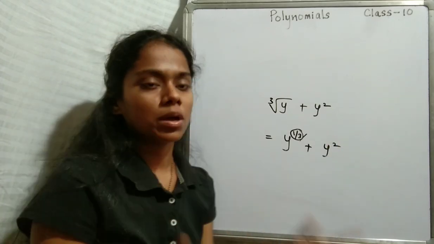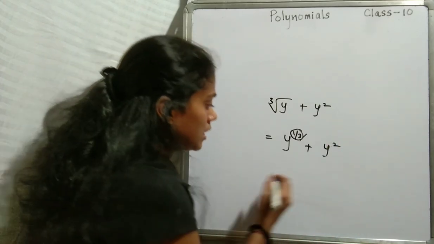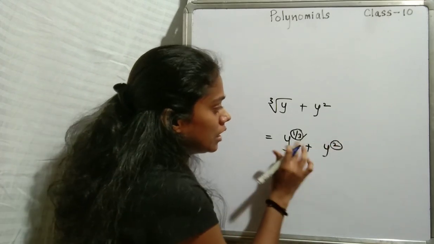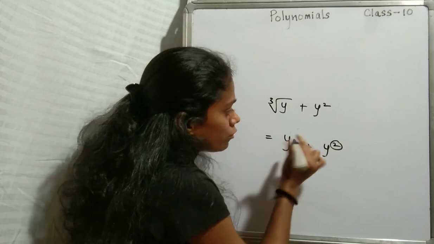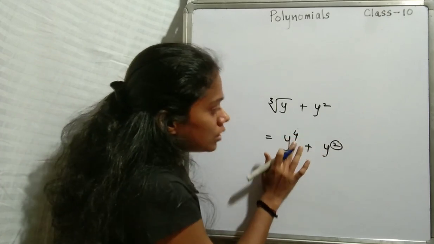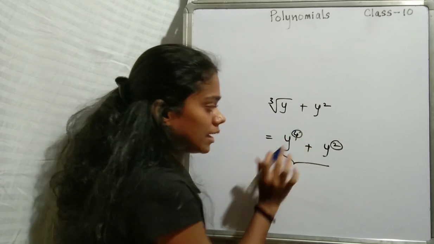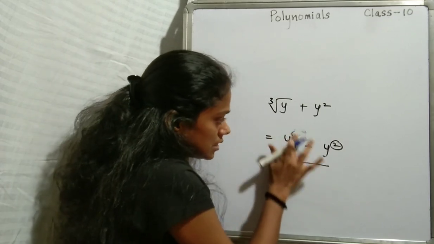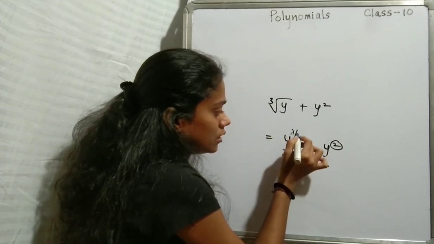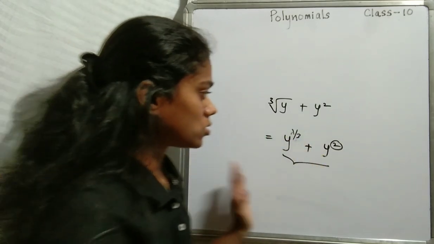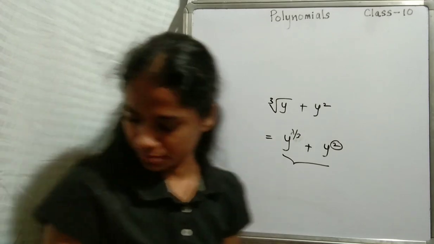For an expression to be a polynomial, what are the conditions? The variables should have whole number powers. Okay, if it was 4, then we can call this a polynomial, because this is a whole number, right? But since there is a fraction here, I cannot call this a polynomial, right? So therefore this is a non-polynomial.